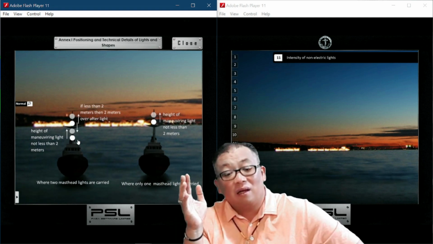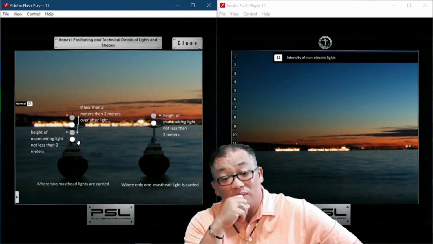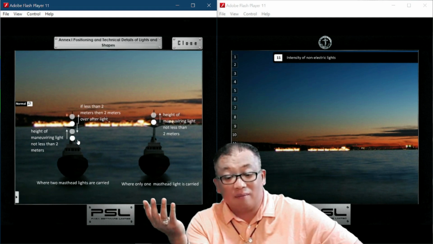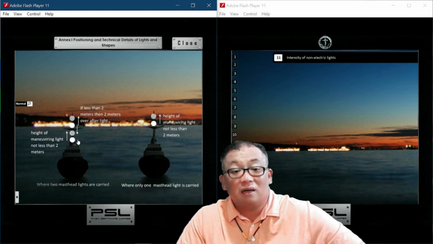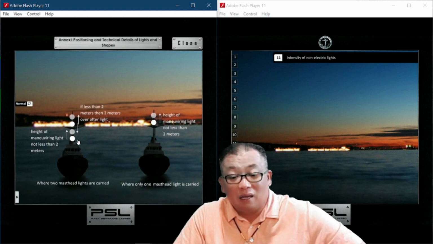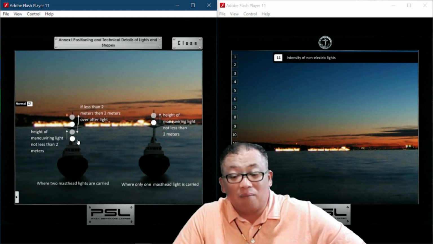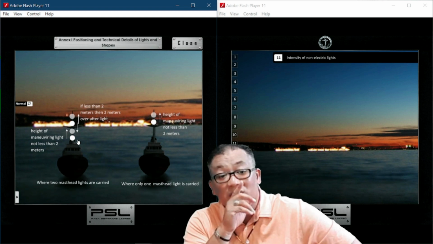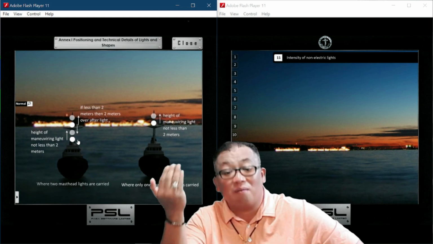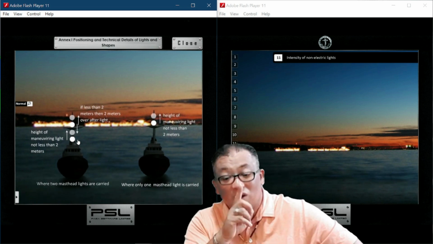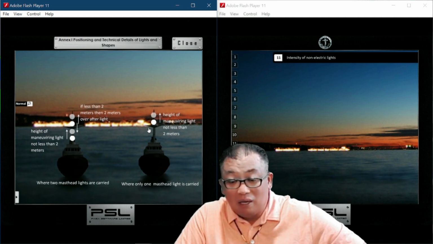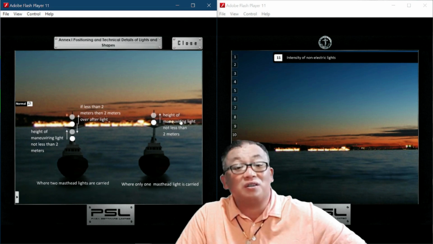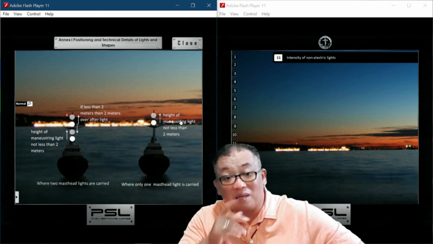For example, if you have only one masthead light and you put the maneuvering light above it, the height must be not less than 2 meters above the masthead light, like in this drawing.